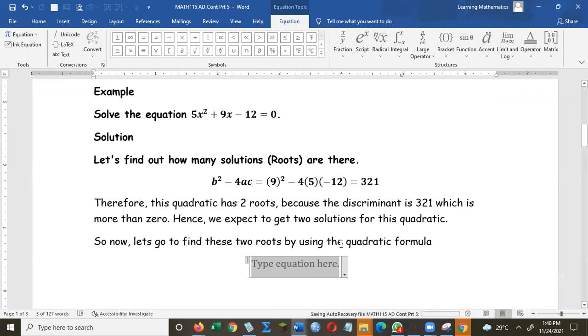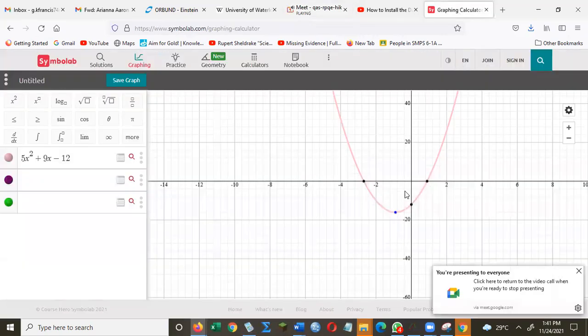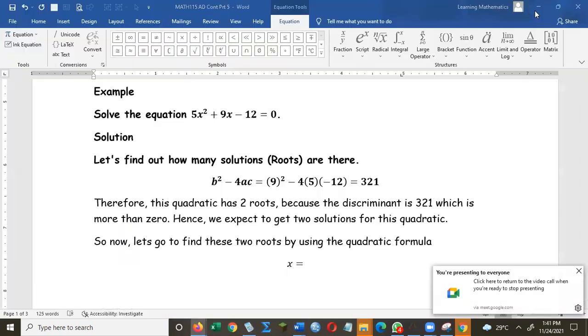It's x we find when we're trying to find x. Remember we made y equal to 0 already, and we're trying to find x. Back to the Symbolab graph, we're trying to find those two x values. So that's why the formula starts by saying x equals.